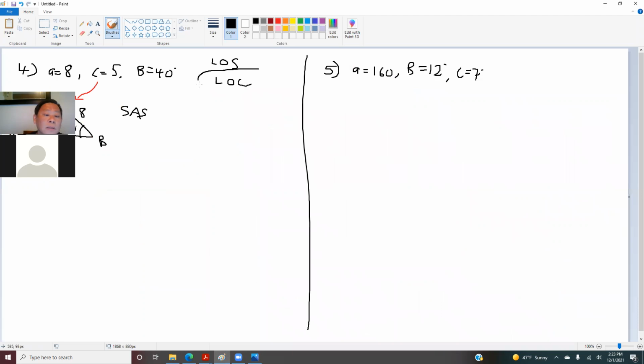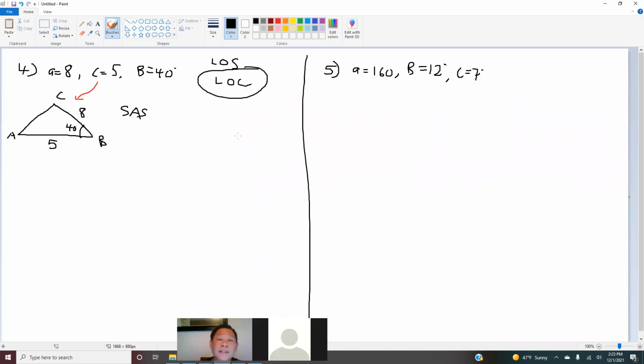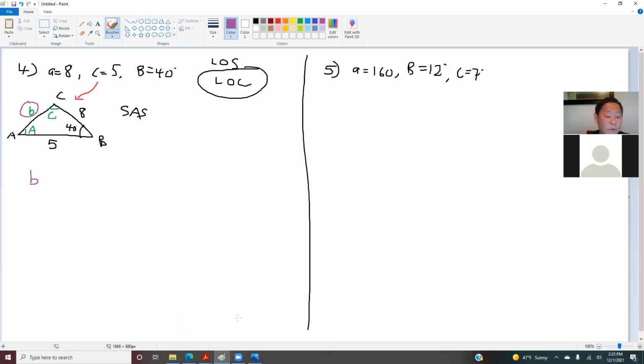So we will use this law. Okay. So what is missing in this case is side b, angle A, and angle C. The first thing we need to find here is side b, and for that we have to use law of cosine.